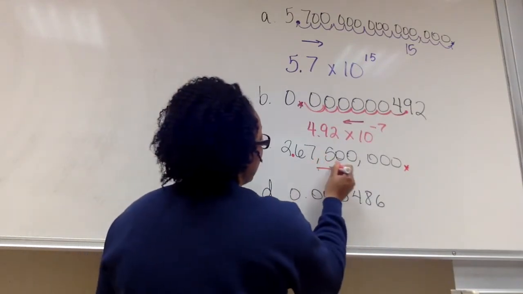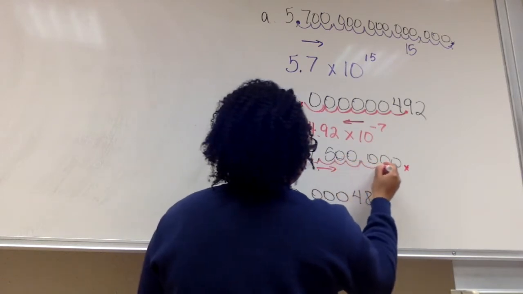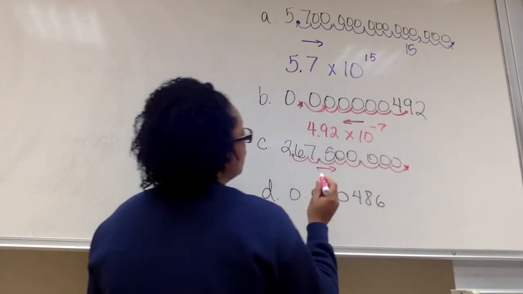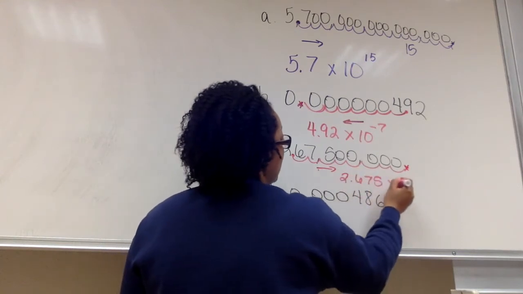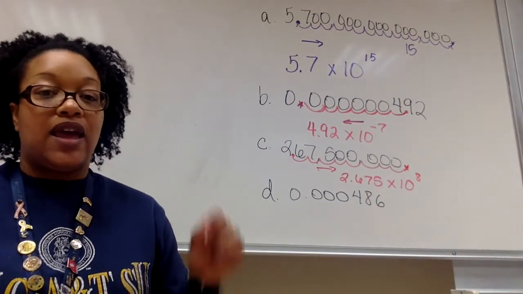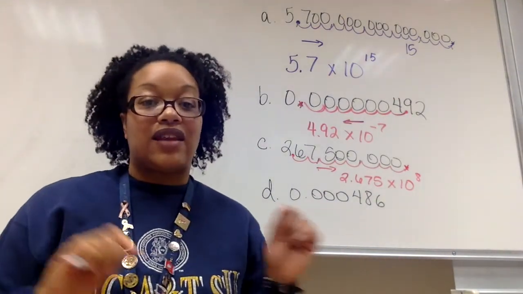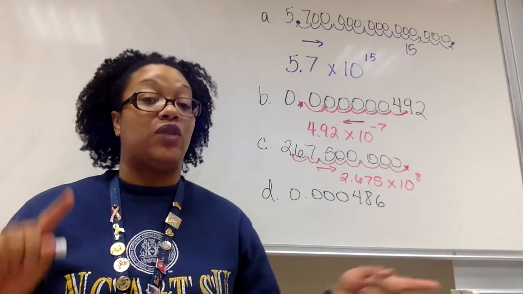So I'm going to go to the right. 1, 2, 3, 4, 5, 6, 7, 8. So this number would be 2.675 times 10 to the 8th. No rounding, ladies and gentlemen. Every digit that you see that's not a 0 is in your C. You just have to make sure it's between 1 and 10.